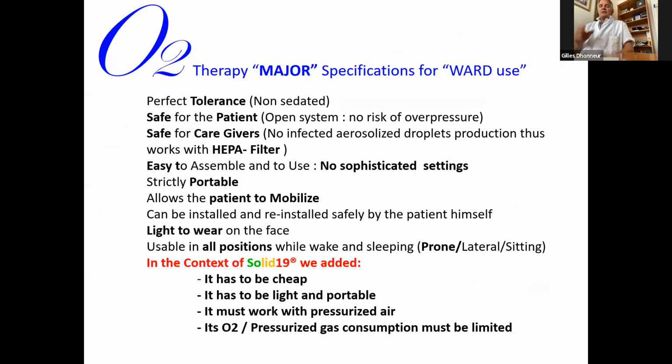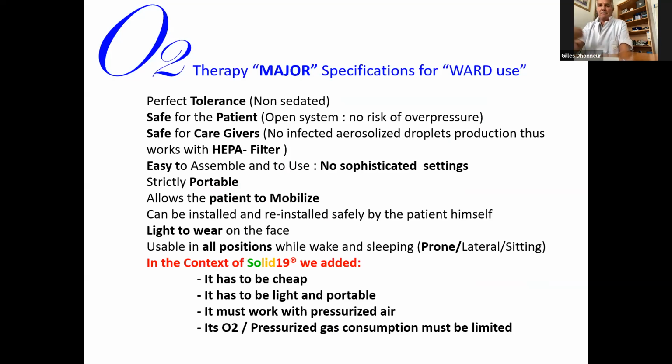Next slide. So based on this, we try to define the major specifications for ward use. And these are the specifications we use in Paris, which we defined before. Perfect tolerance. The patient is not sedated. He must wear his mask and be comfortable with this. It must be safe. And we describe an open system, which means that when the system is open, there's never overpressure.